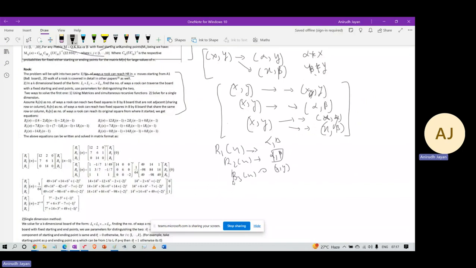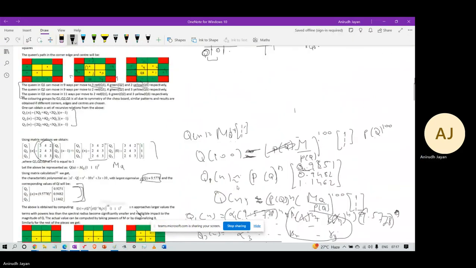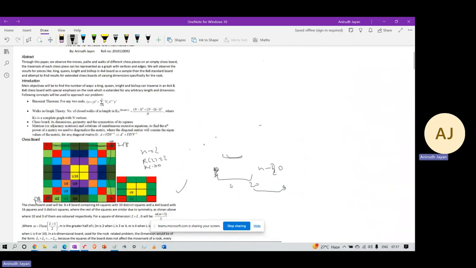Now one can say that R1 of n is, now A1 to H8 is the same as A1 to B2, A1 to C3, A1 to D4, and so on, E5 till H8.